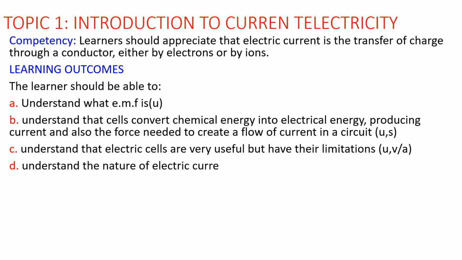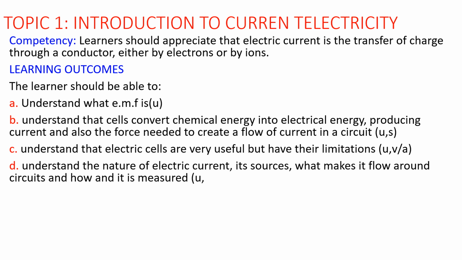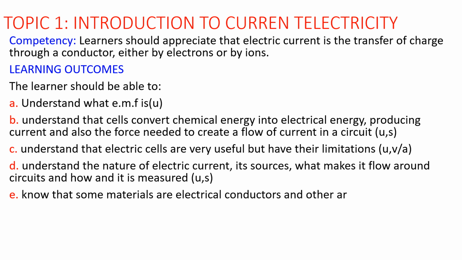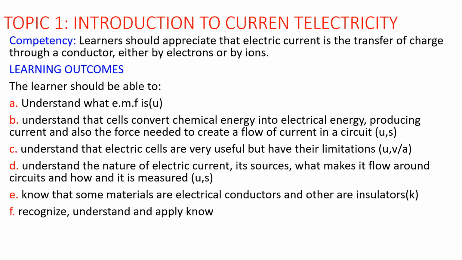The learner should be able to understand the nature of electric current, its source, what makes it flow around the circuits, and how it is measured. Which device do we use to measure current vis-a-vis the voltage? Know that some materials are electrical conductors and others are insulators. And then recognize, understand, and apply the knowledge of series and parallel circuits.